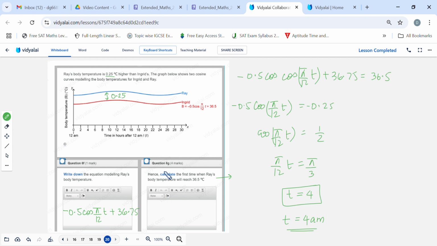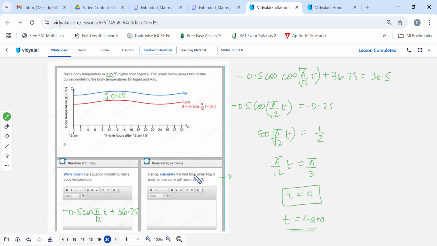Now for the last part, G part, they're asking us to calculate the first time when Ray's body temperature will reach 36.5 degrees Celsius. So we'll equate the equation modeling Ray's body temperature, which we found in part F, to 36.5.